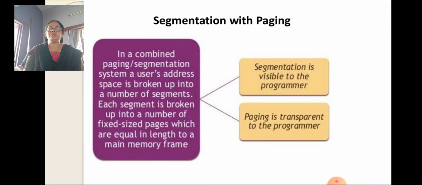In a combined paging and segmentation system, a user's address space is broken into a number of segments. Each segment is broken up into a number of fixed size pages, which are equal in length to a main memory frame. Segmentation is visible to the programmer. Paging is transparent to the programmer.